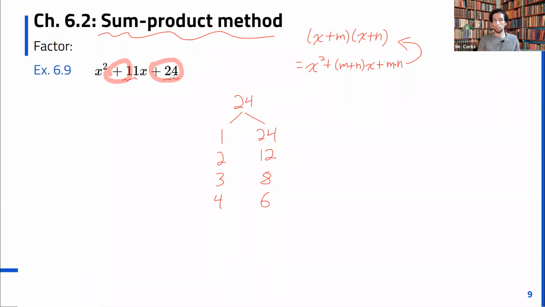So if they must have the same sign and b is one plus the other, they both must be positive. If that's not the case, we would have to consider maybe negative 1 and positive 24, or positive 1 and negative 24, like that. But in this case, it's nice and easy, both just positive.